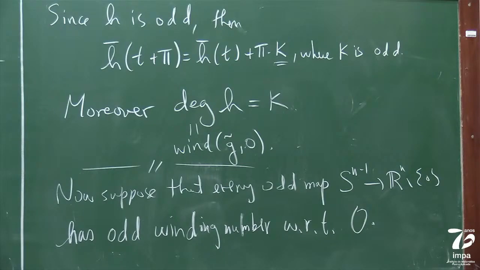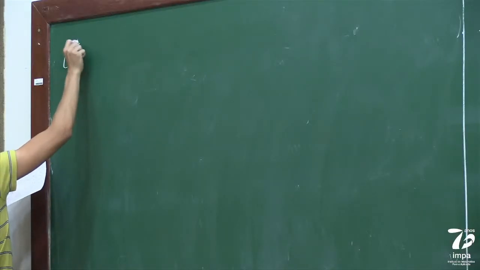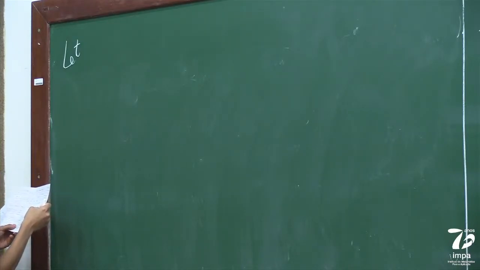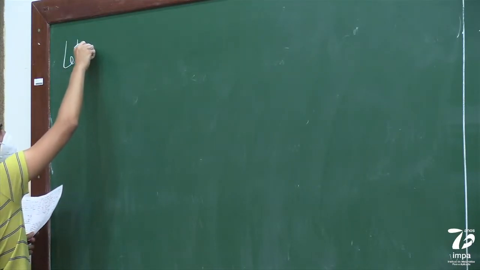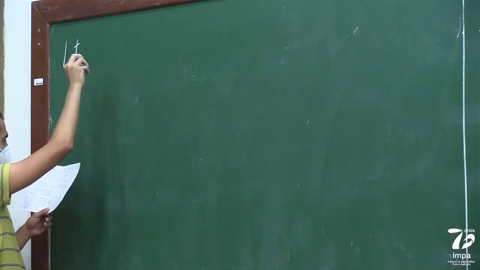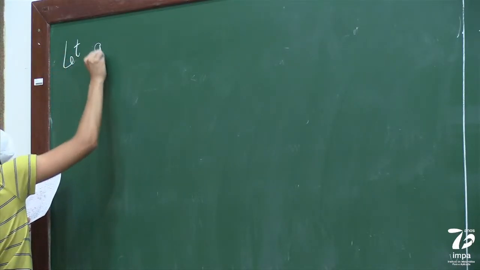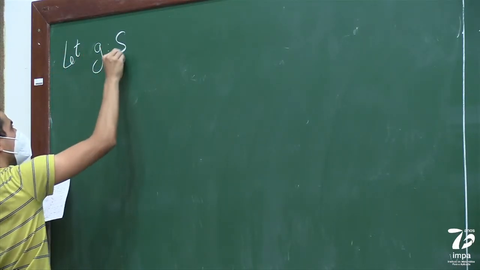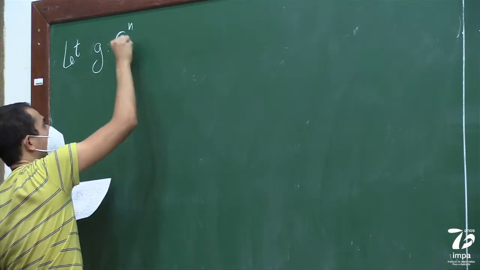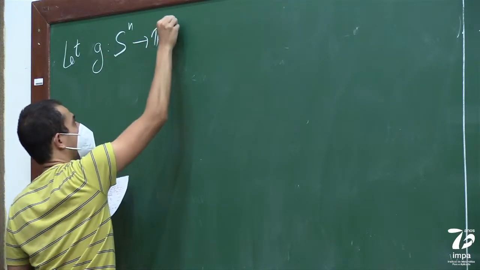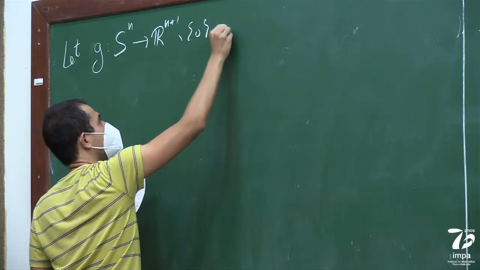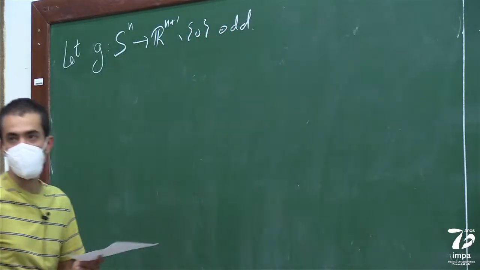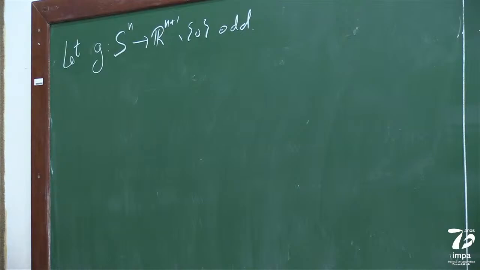So now I'm gonna start using f and g again, or actually just g. So let g be a function from Sn to Rn plus 1 minus 0, which is odd. So now I want to prove that this guy also has an odd winding number with respect to 0.